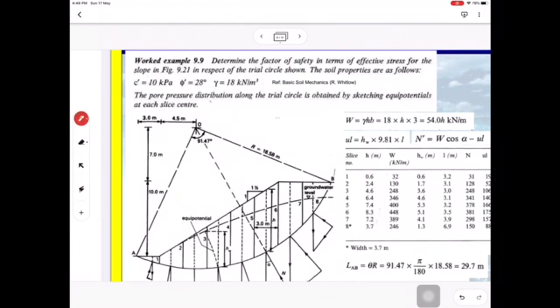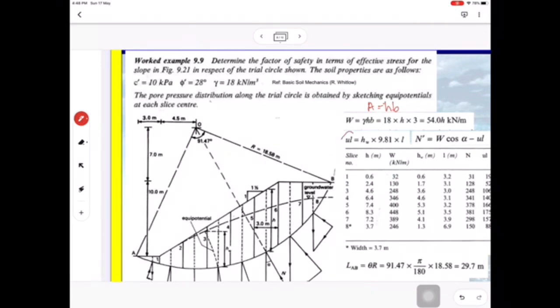Why gamma HB? Because area is equal to BH, HB or BH. So H is the average height of each slice. B is the breadth of the slice.